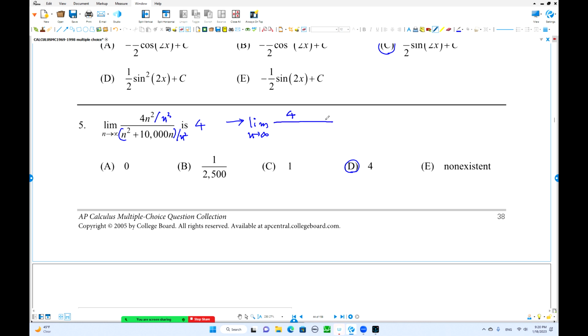Over here, n squared divided by n squared is a positive 1, plus 10,000 n divided by n squared. 10,000 is a very big number, but n is much greater than this number. N is infinite, and any constant, even a million, over infinity is still 0. When n is close to infinity, that's close to 0. That's why over here 4 over 1 is 4.